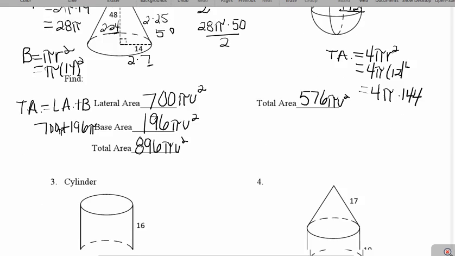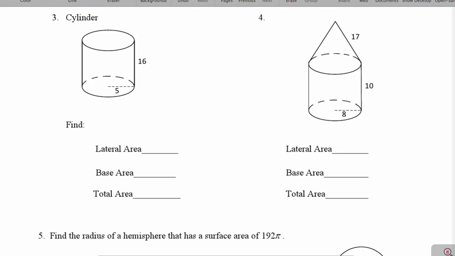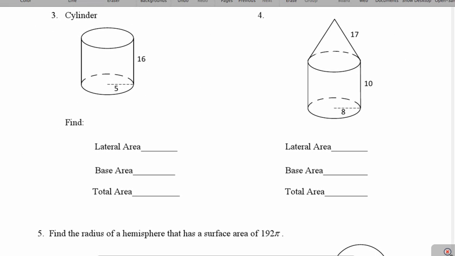Okay, moving on to example 3, I have a cylinder. To calculate the lateral area of a cylinder, that's the same as the formula to calculate the lateral area of a prism: the perimeter of the base times the height. To calculate the perimeter of the base, I'm going to use my circumference formula, 2 pi times the radius. So I get 2 pi times 5, which is equal to 10 pi.